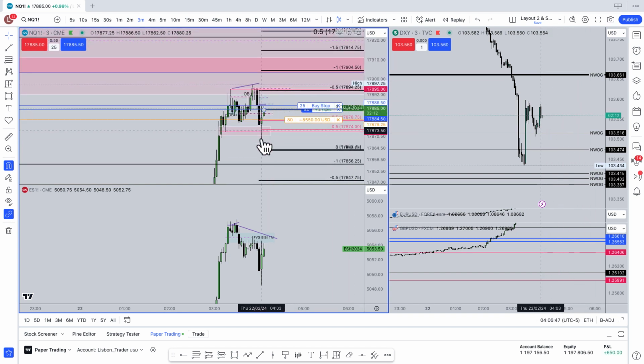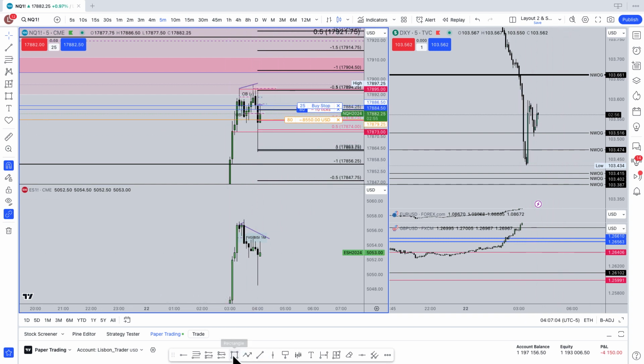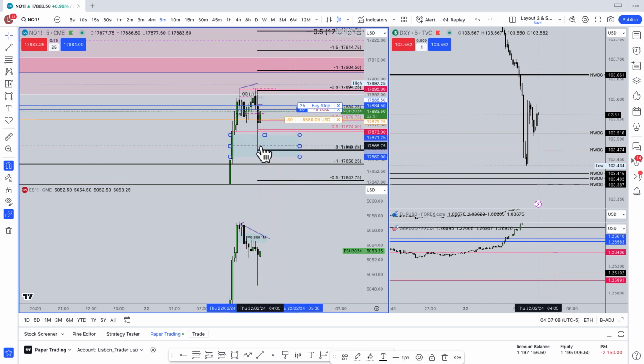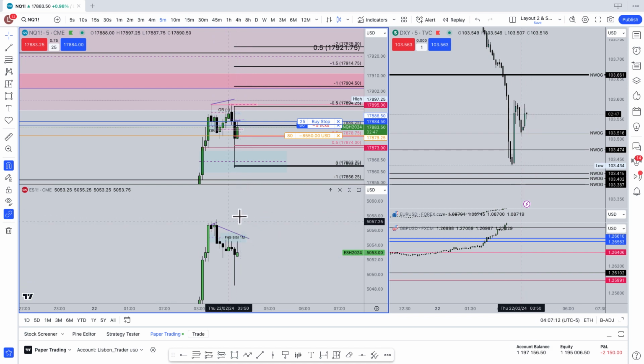So price came all the way, tagged this volume imbalance, on a 3-minute basis, a 5-minute basis filled almost this gap entirely. There came consequent encroachment, and now might push price higher.